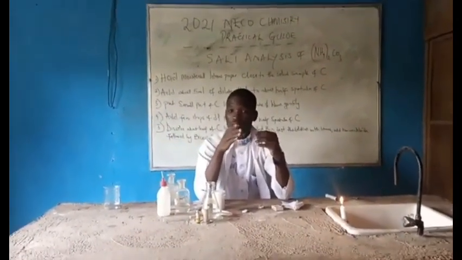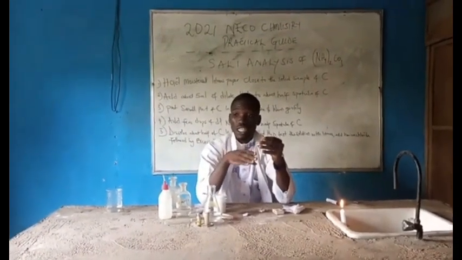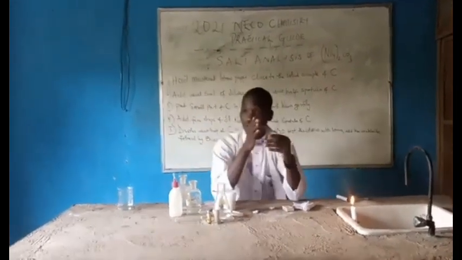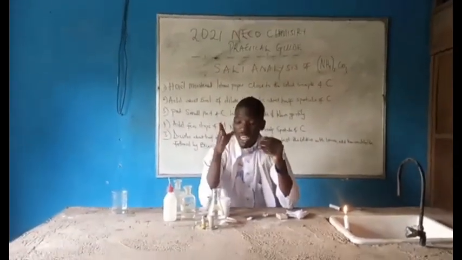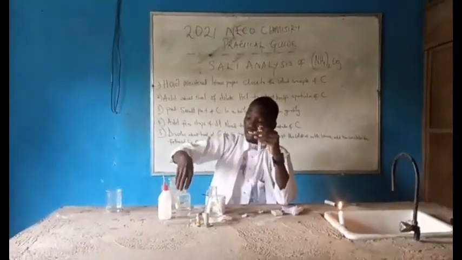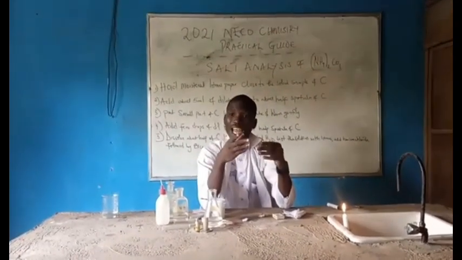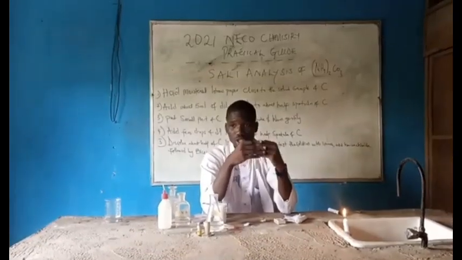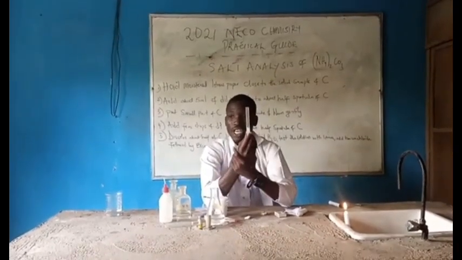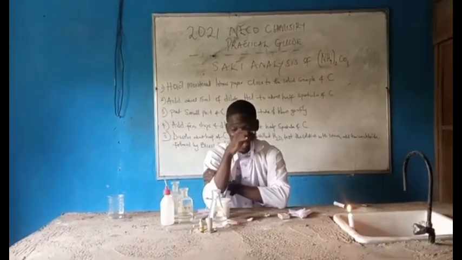You are going to write that for every sample C, which is our ammonium carbonate, plus dilute sodium hydroxide and dilute HCl plus heating, either you place it on a water bath or boiling water, it is going to form a white precipitate, which is what we can see here.